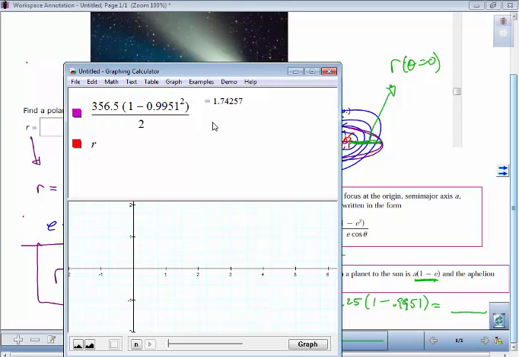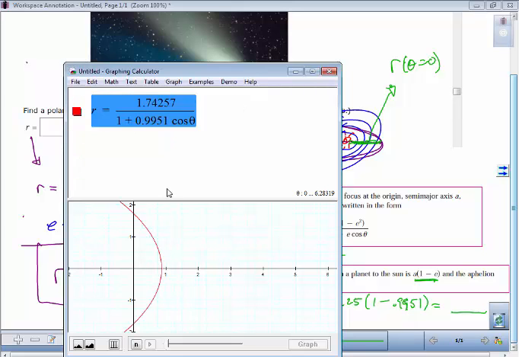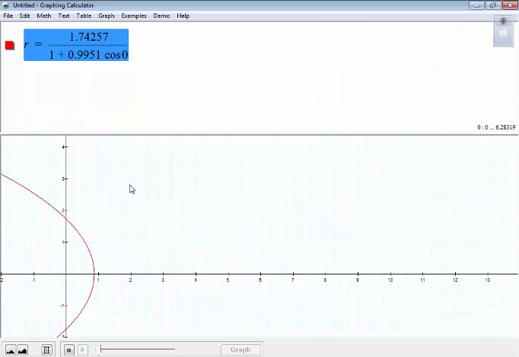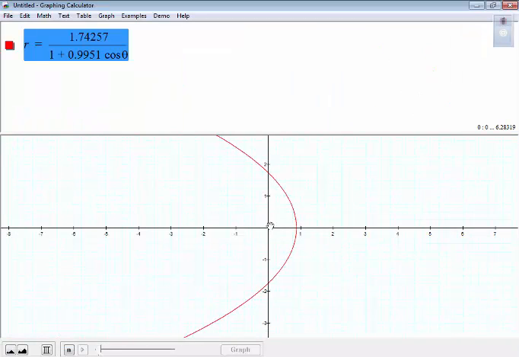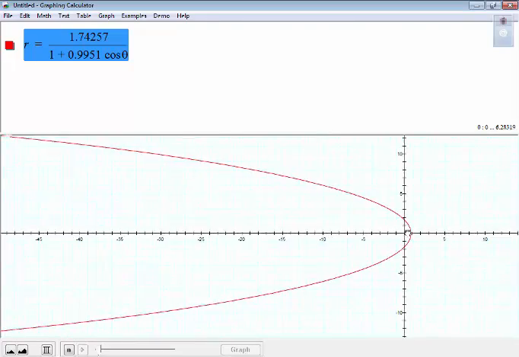So let's graph this. r is equal to 1.74257 divided by 1 plus 0.9951 times cosine theta. So if the sun was at the center, this is how your ellipse is going to look.